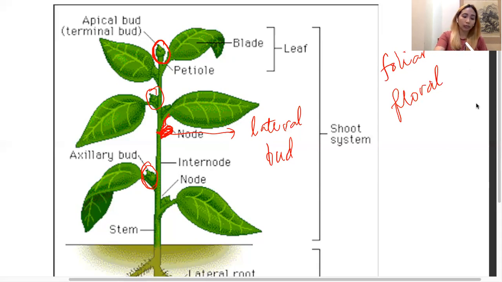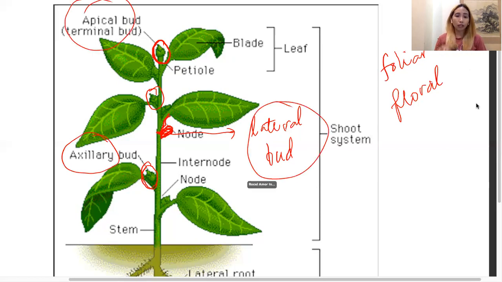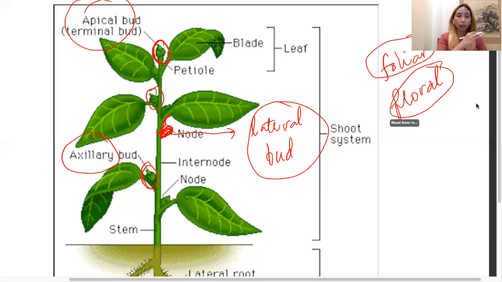Is it an axillary bud? Is it a terminal bud? Or is it a lateral bud? And of course, what are the derivatives that can be formed from them? When you say derivatives, it means the resulting tissue or organ that will be formed from them. So foliar bud if it's giving rise to a leaf, floral bud if it's giving rise to a flower.